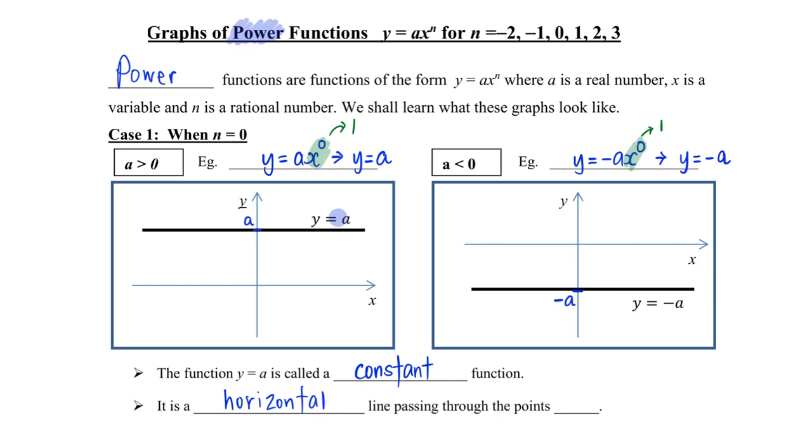And it passes through the point (0, a), which is this point here, the y-intercept.